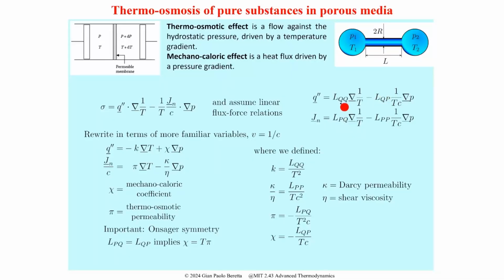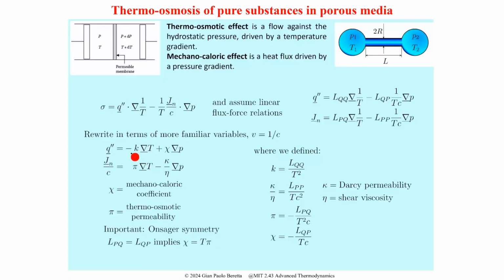Here Q stands for heat and P stands for pressure, of course. And so now at this level I can apply Onsager. But then we like to work with more familiar variables, which in this case are the volumetric flow rate, and the gradient in pressure is already there, and the gradient in temperature instead of the inverse temperature.